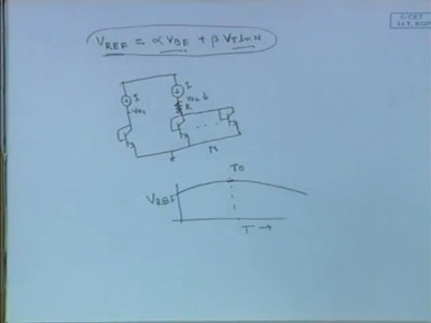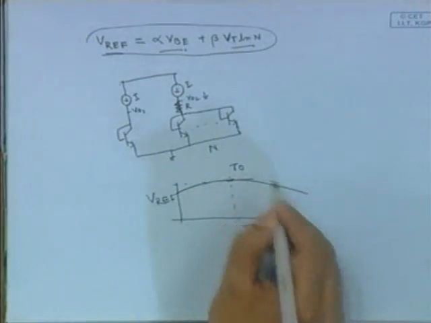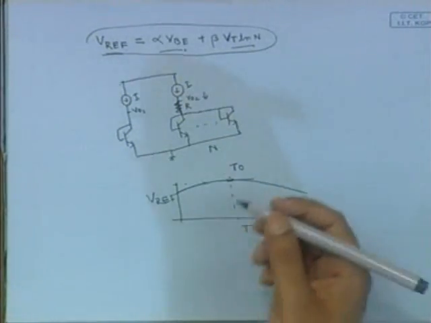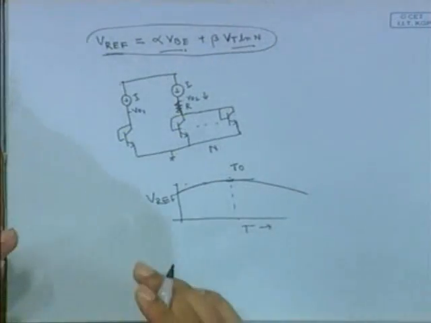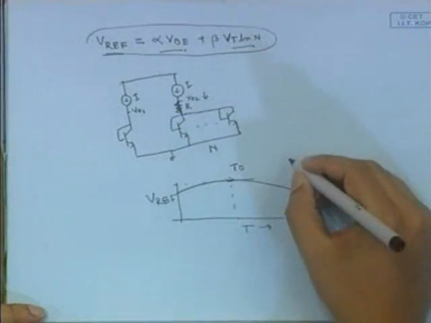So this thing you have to keep in mind: when you are generating a reference, if you just put it in terms of any base emitter voltage or any voltage drop across a resistor, the temperature dependence is linear.